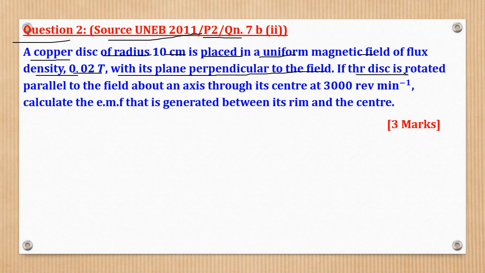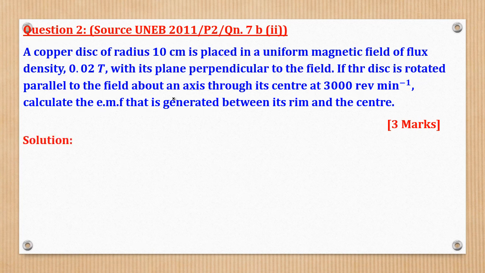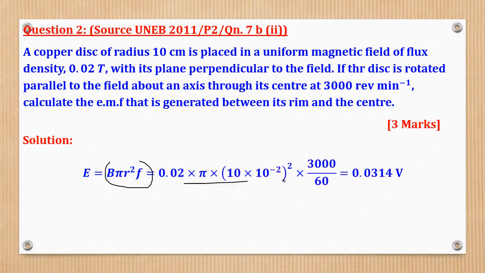If the disc is rotated parallel to the field about an axis through its center at 3000 revolutions per minute, calculate the EMF that is generated between its rim and the center. So E is given by this, so substitute and get the EMF.